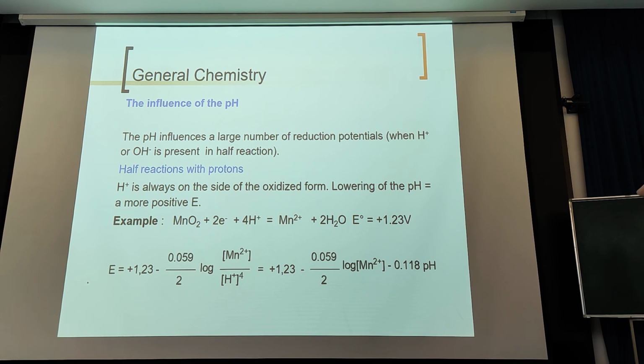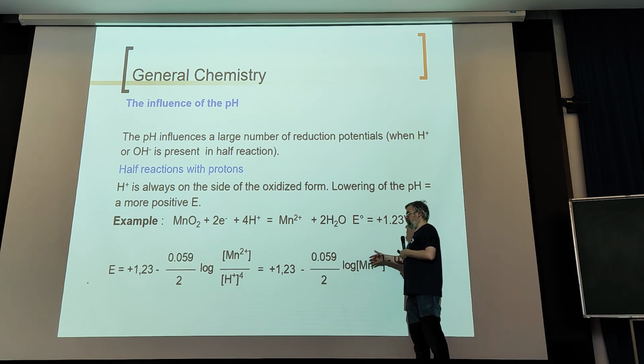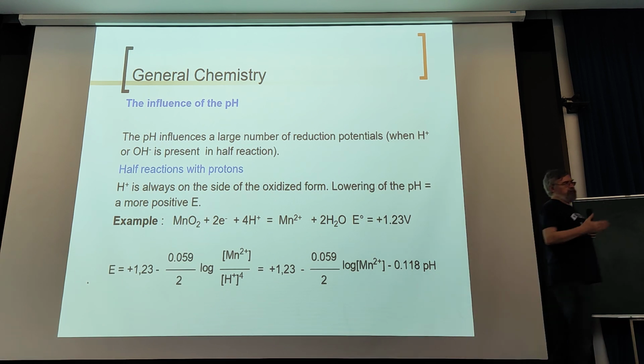So that means your manganese dioxide works not as well at pH 1 as at pH 0. Of course, the manganese 2+ concentration is also important, but that will depend on the situation. But just based on the pH, you can see there's quite a huge effect.